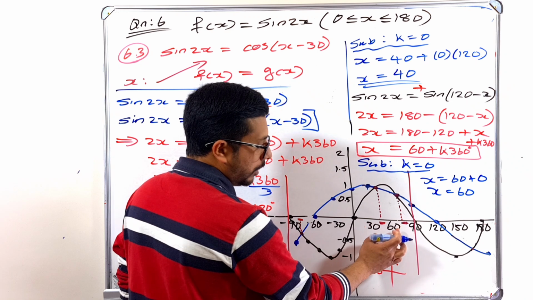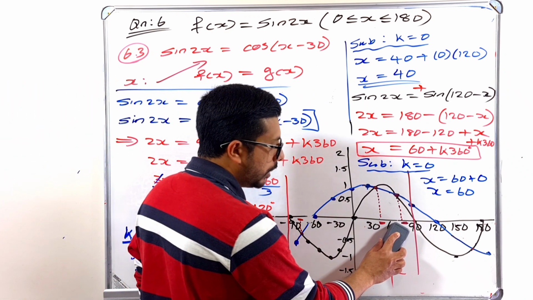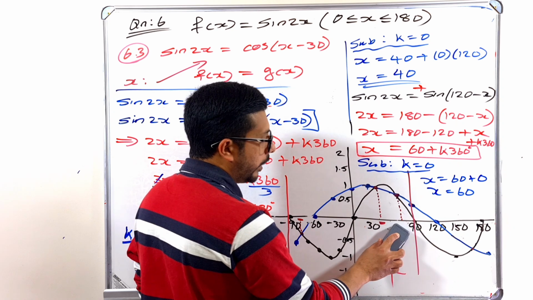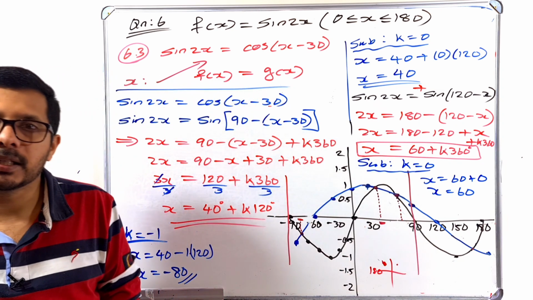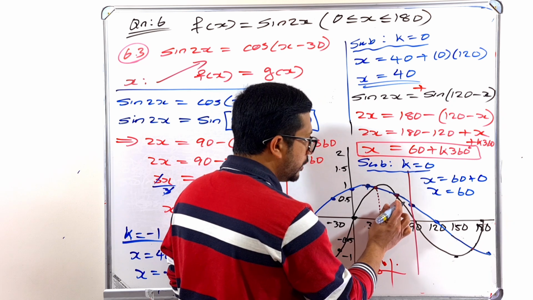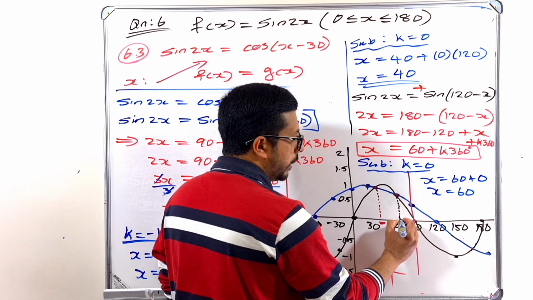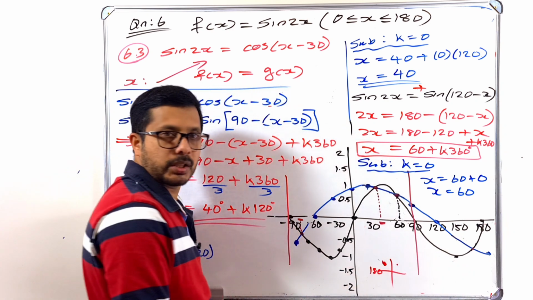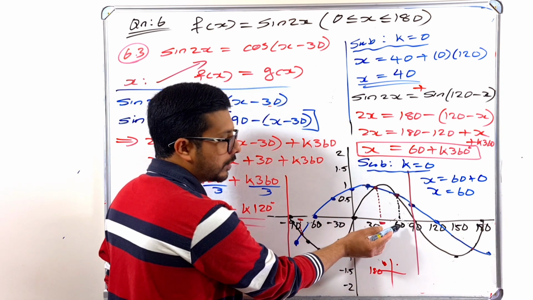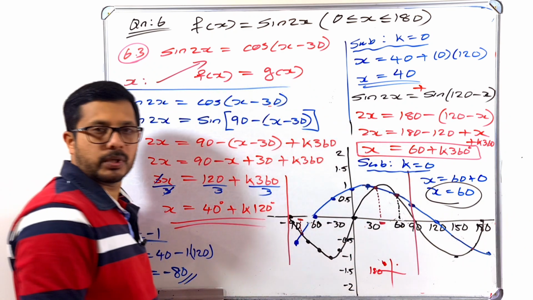That is the mistake of the one that we drew. Actually that point is exactly at 60. So at this point x value is 60. That is why here we got the second x value as 60.